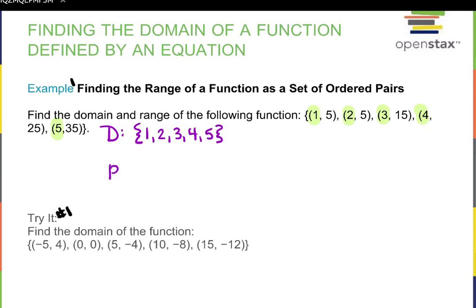Now the range, those are the y's, and the y's are 5, 5, 15, 25, and 35. So there are 2 5s, but you only have to write it once. So 5, 15, 25, and 35. And we separate each one with a comma.